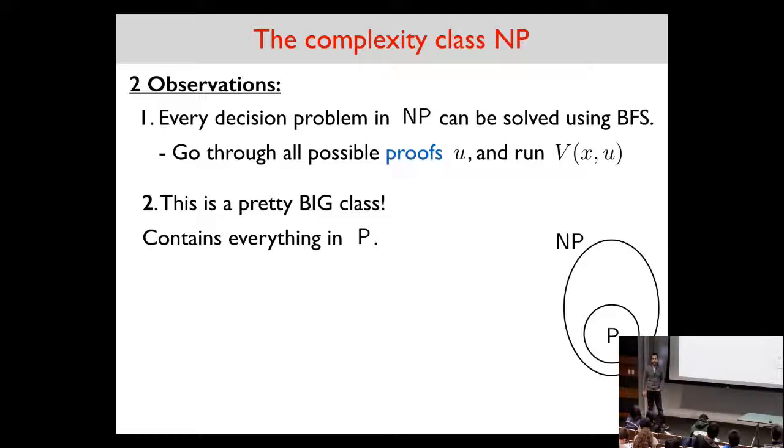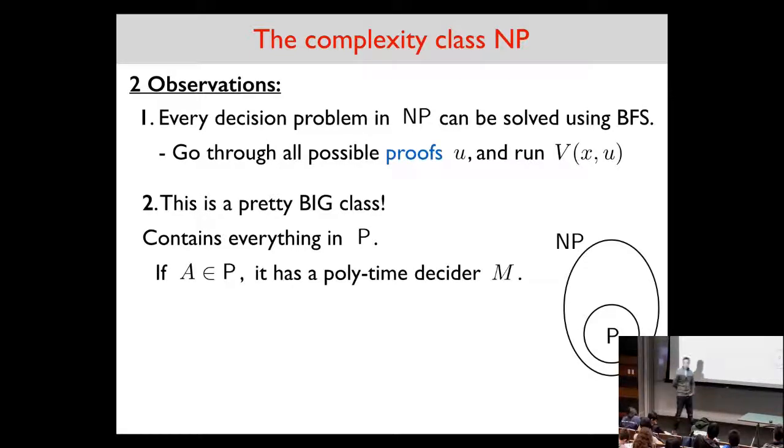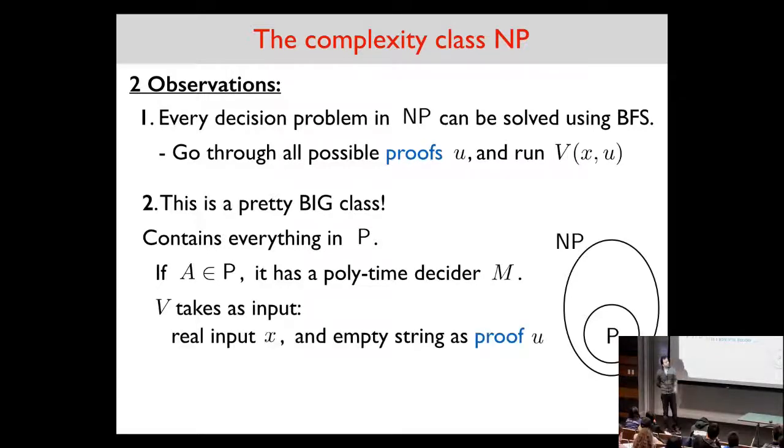So why is that true, though? Why does it contain everything in P? Well, it's pretty straightforward, actually. Let's say that we have a problem, a language A that is polynomial time solvable, so it has a polynomial time decider. Let's call it M. Now, we want to show that A is in NP, which means we have to come up with a verifier Turing machine V. This V is going to take as input the real input x, obviously.